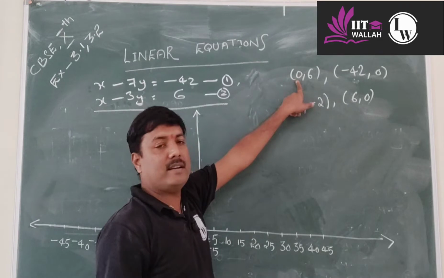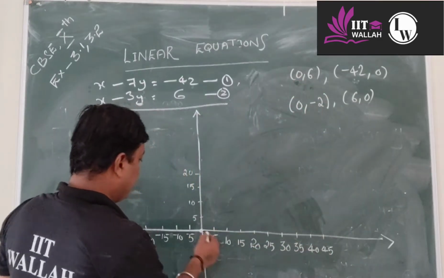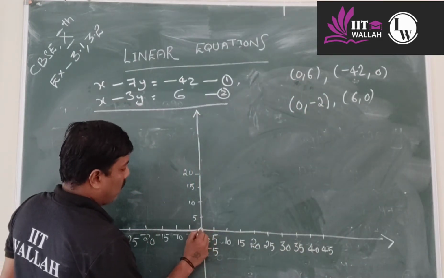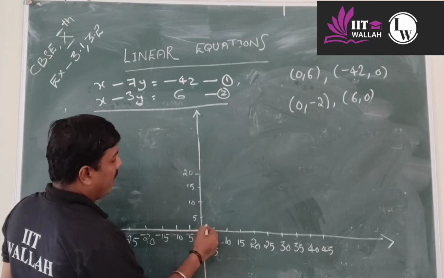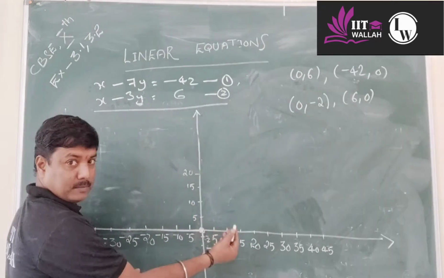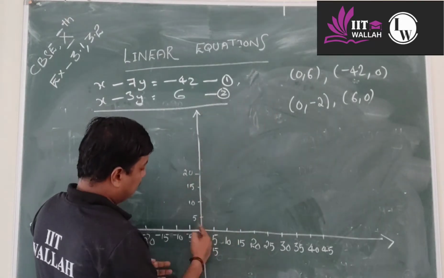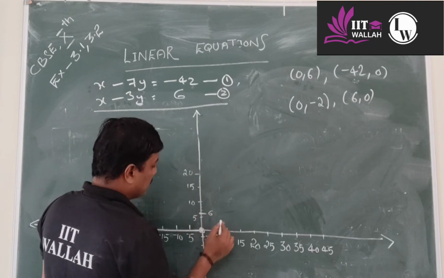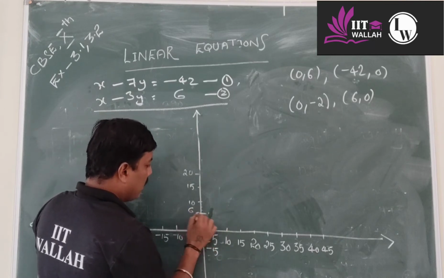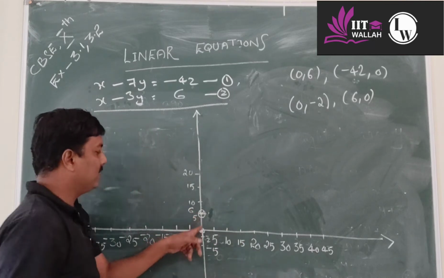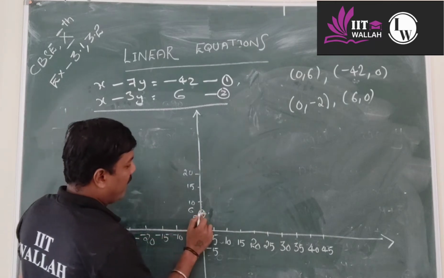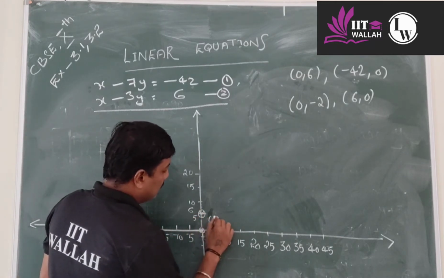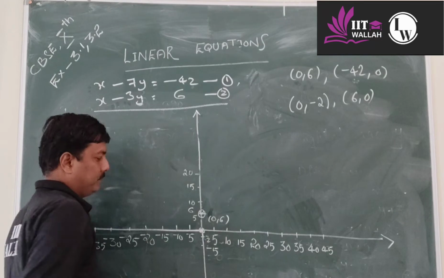That means x coordinate is 0, y coordinate is 6, positive 6. So 5, 6, 7, 8, 9. So this will be 6. So first we got 1 point here. This is 0, 6. This point is nothing but 0, 6.